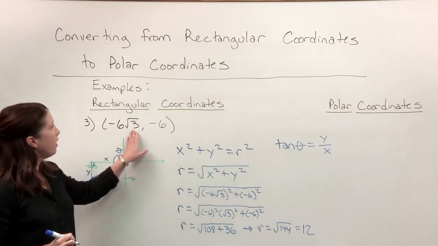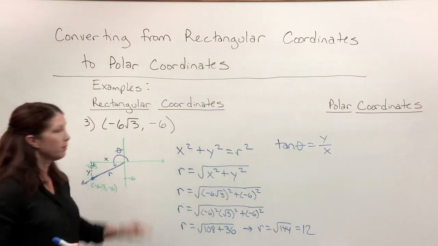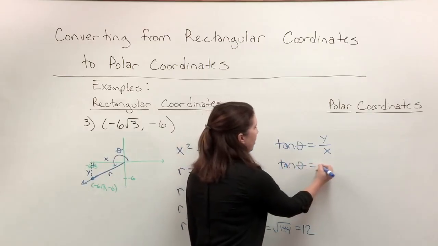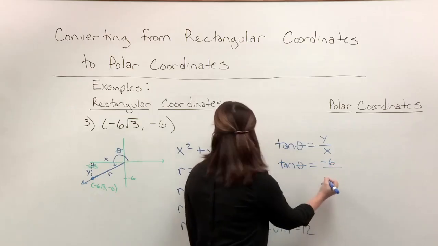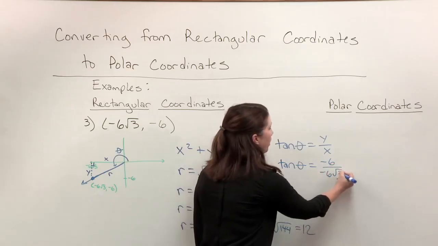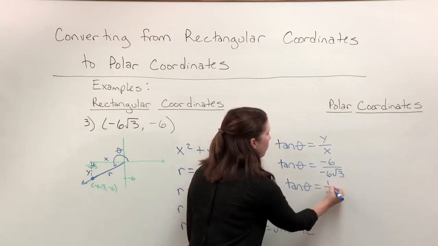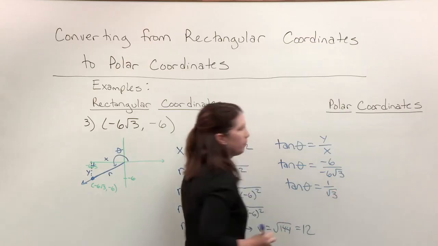Substituting in y and x into our formula, we have tan theta equals negative 6 over negative 6 square root of 3, which reduces to positive 1 over square root of 3.